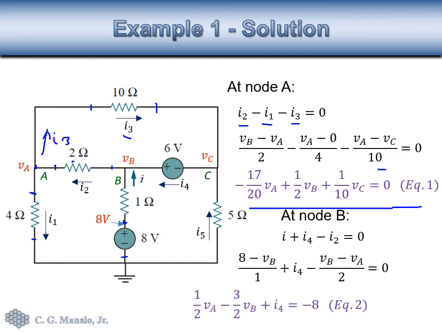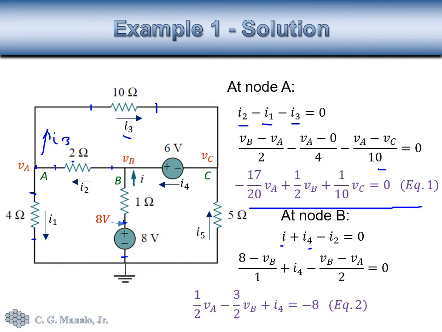For node B, current entering minus current leaving equals 0. The current here through the 1 ohm is already assigned from the problem, so we use that current. So the current entering node B is I and I sub 4, minus the leaving current, which is I sub 2, equals 0.